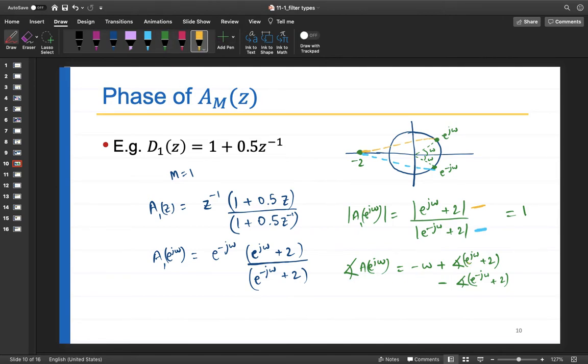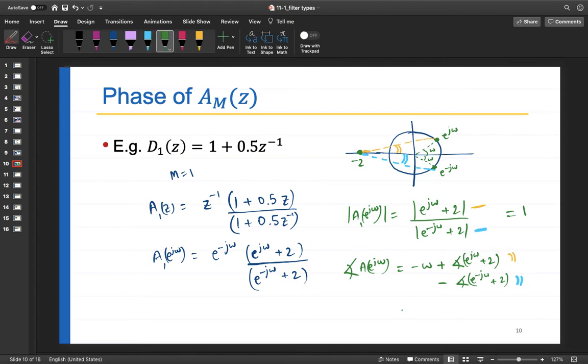This angle is the e^{jω} angle. And the second term is this angle. So let's say if this is θ, this is minus θ, right? And you see both are the same in magnitude, but signs are different. This is plus θ, this is minus θ, and minus minus gets cancelled.